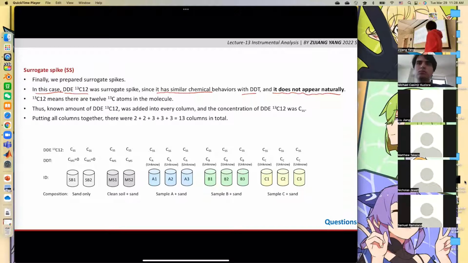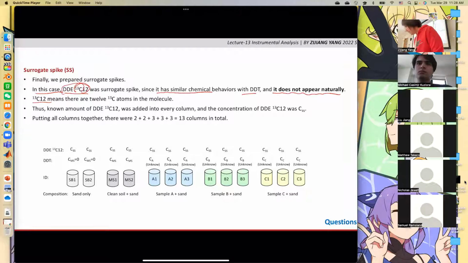But when DDT was made, they do not have much C13. So we use this chemical as a surrogate, and we know that the pesticide made with C13 does not naturally appear in the environment.